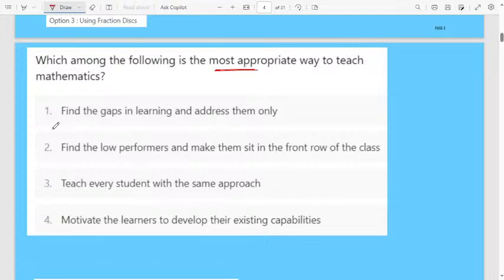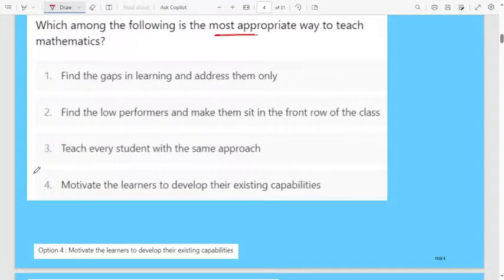First one, find the gaps in learning and address them only. Second option, find the low performers and make them sit in the front row of the class. Third one, teach every student with the same approach. Fourth, motivate the learners to develop their existing capabilities.